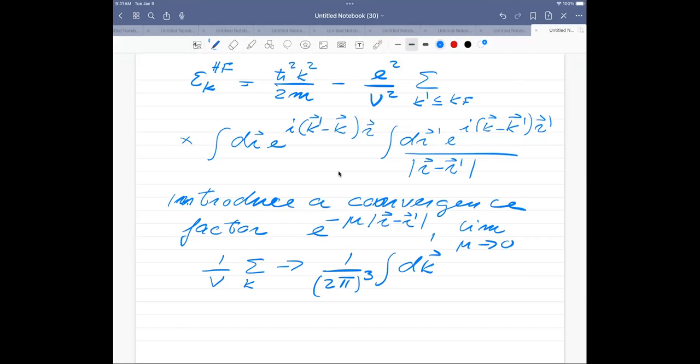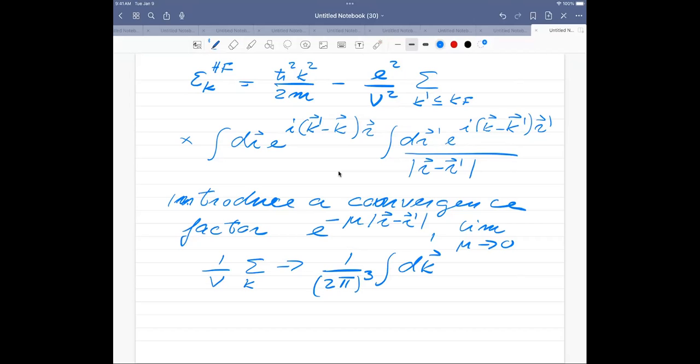At least those of you who do solid state physics have probably seen this relation before. Anyone who has never seen it before? Okay, I can show you how you can get it afterwards. It's a very useful relation when you assume that this volume becomes infinitely large.